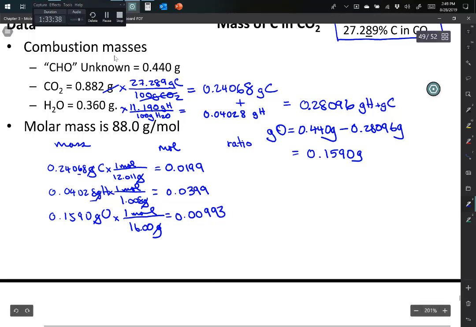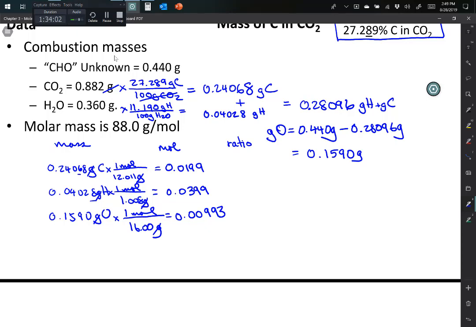3. Okay, so to do the ratios, you have to divide by the smallest. Which is the smallest? Oxygen. So we're going to divide by the oxygen. I'll go ahead and do this one. This much I can do on this phone calculator.